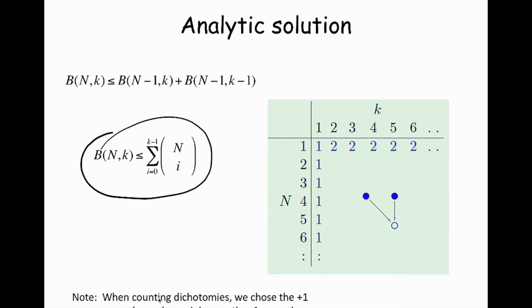And so it says that B(n, k), the maximum number of dichotomies given a data set of size n and a breakpoint of k, is going to be, at most, this summation of n choose i, for i going from 0 to k minus 1. So we have our parameter n here, and n is going to be in that combination. And our parameter k here is going to be the upper index, or bound, if you will, in that summation. Okay? All right. So let's develop this.